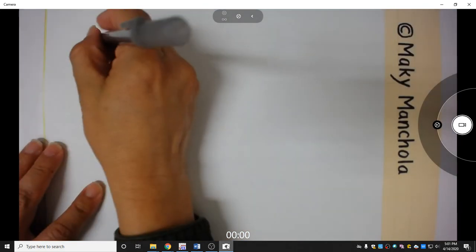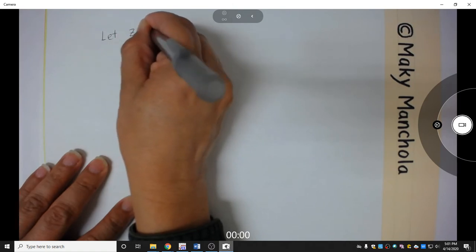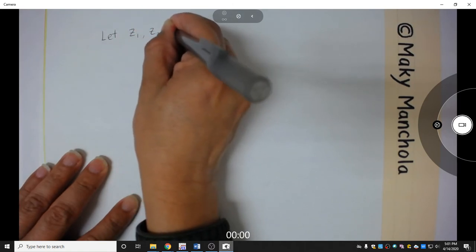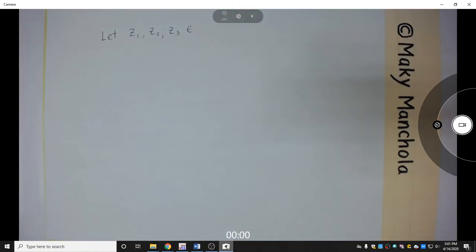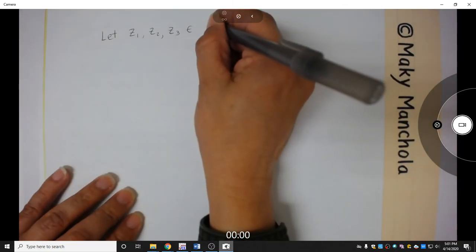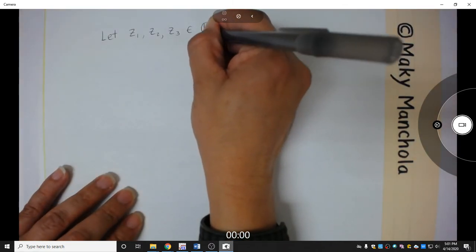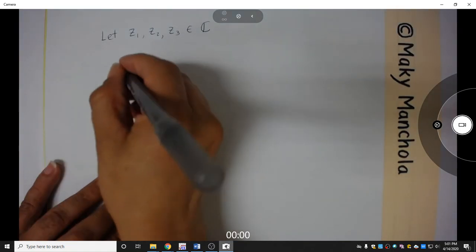So let z1, z2, z3 be complex numbers, using the complex number argument.